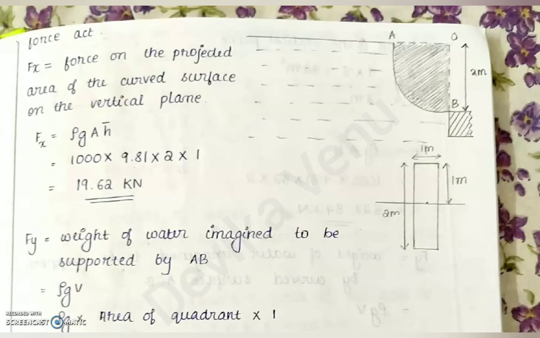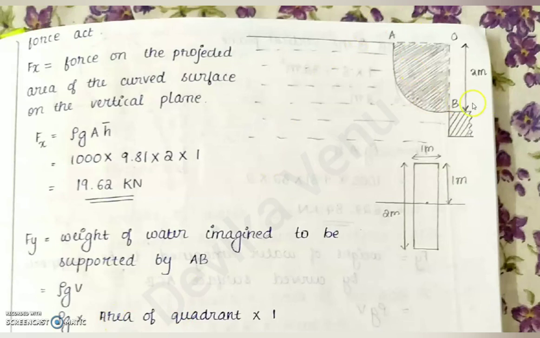So the only difference from the previous example is that you are imagining there is water here and you are finding out Fy. And when you take the direction, it should be taken in the upward direction. To find out the magnitude, all the procedure is the same. You are imagining there is water here and you are applying this equation.